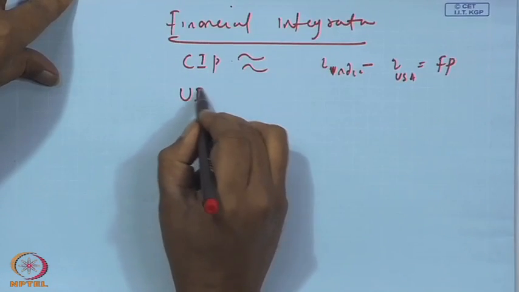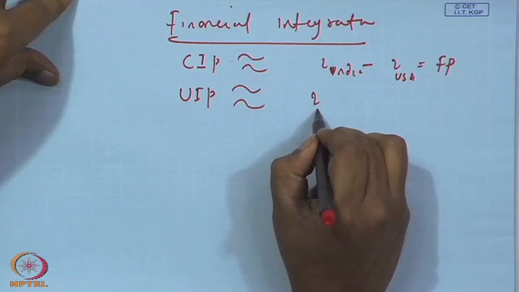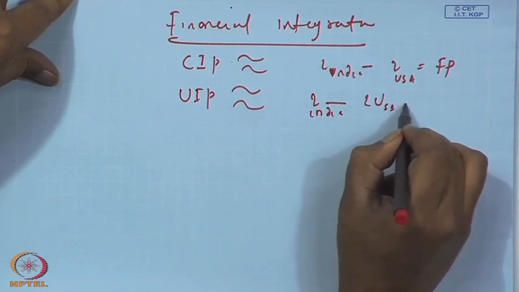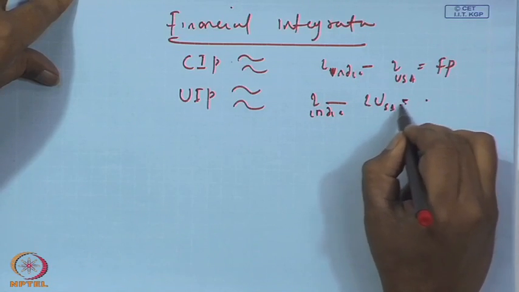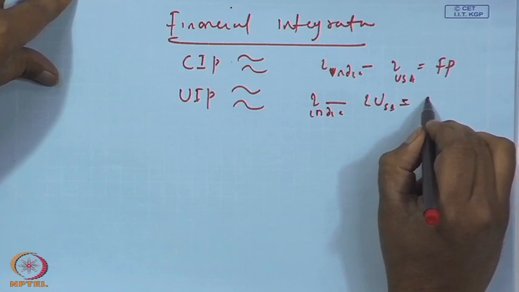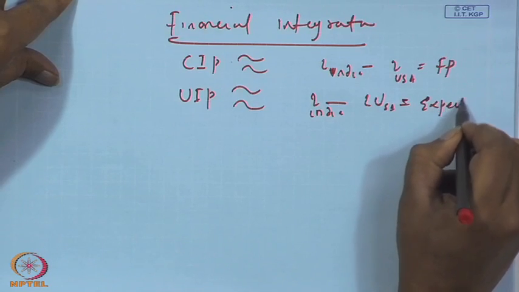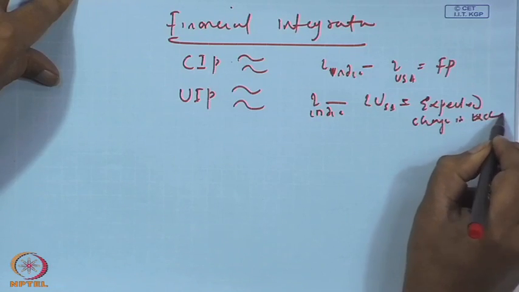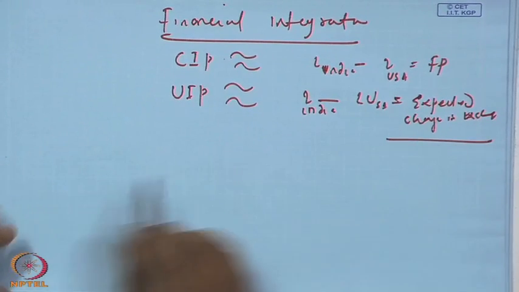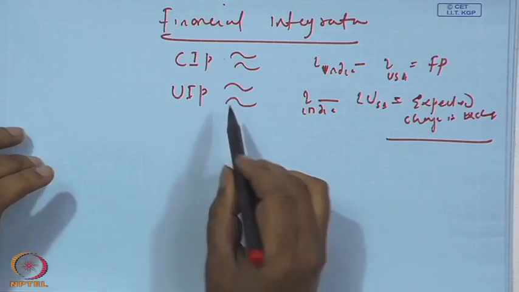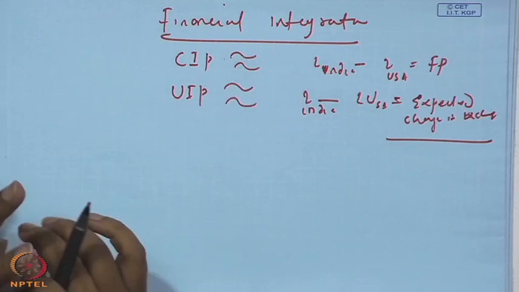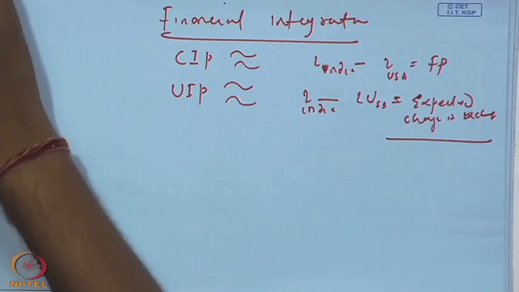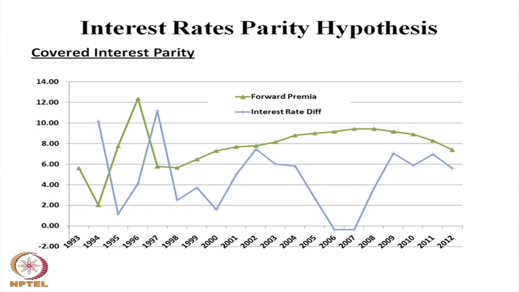In the case of the UIP hypothesis, the interest rate differential between India and the US should equal the expected change in the exchange rate. If this holds, then there is financial sector integration, and the domestic market is integrated with the world financial market. But whether it is possible in the case of India, we have to understand that.